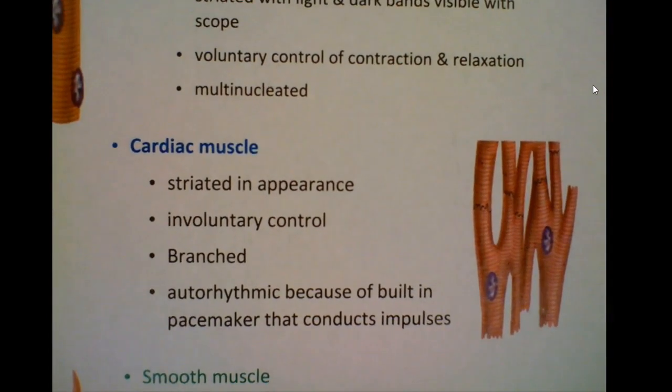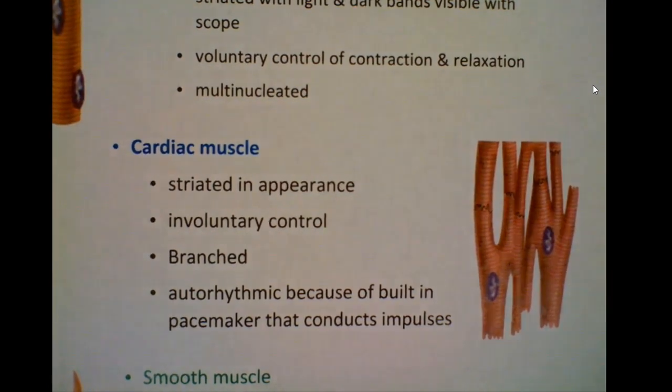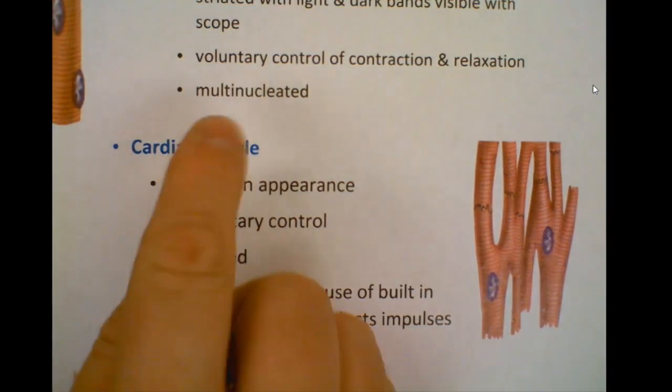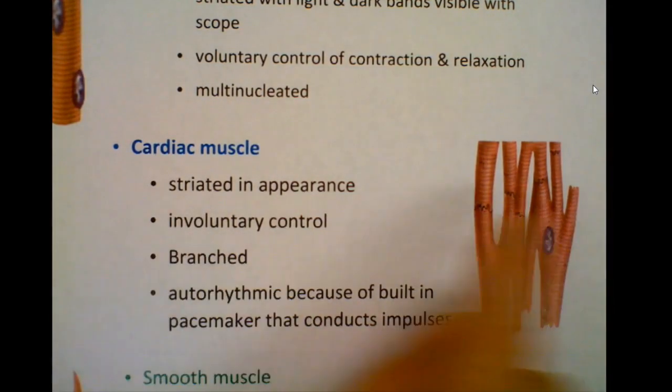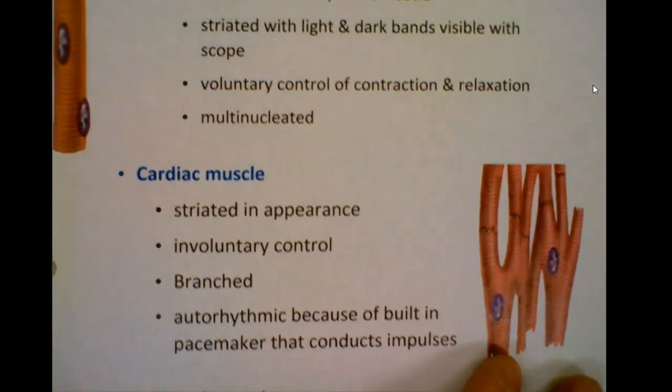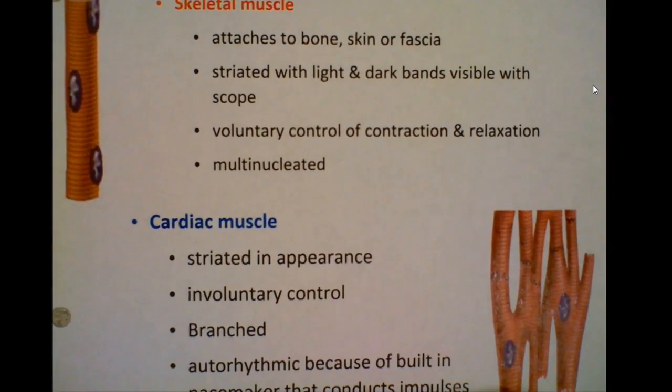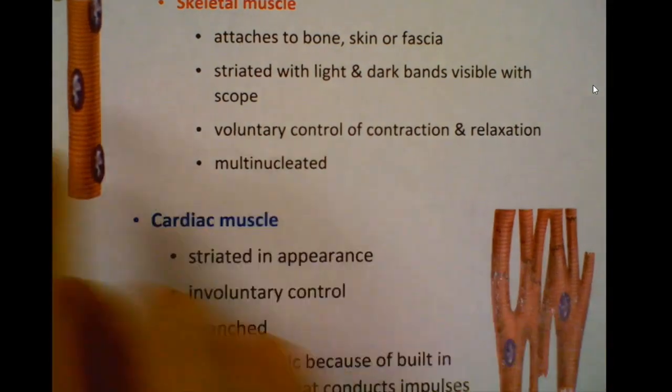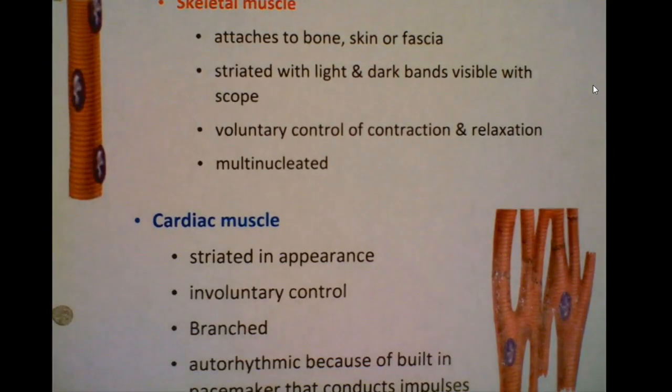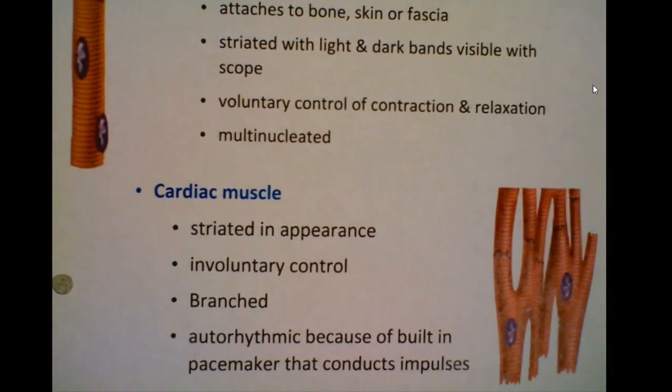All right, the second type of muscle is cardiac muscle. And cardiac muscle is a little bit similar to skeletal muscle in some respects, but in other ways it's different. Cardiac muscle is also striated, so it's got these stripes, just like our skeletal muscle. So they're both striped. Cardiac muscle is obviously under involuntary control.